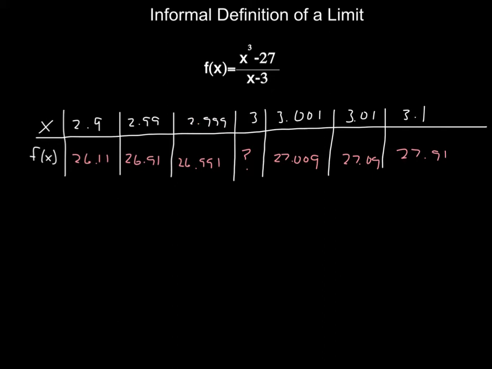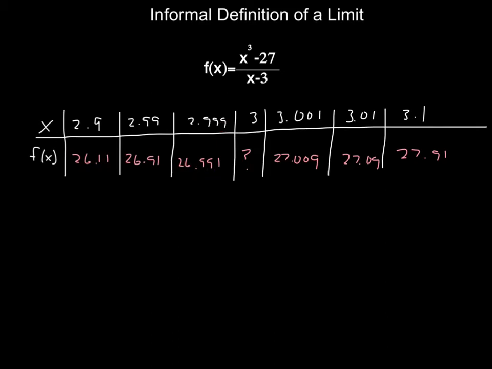When I put 2.9 in for x, I will get 26.11. When I put 2.99 in for x, I will get 26.91. And when I put 2.999 in for x, I get 26.991.